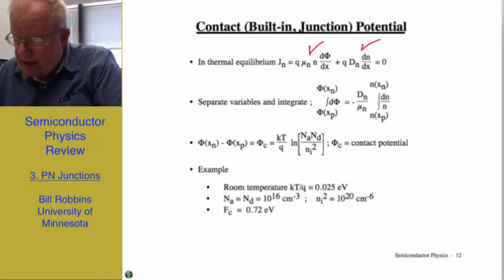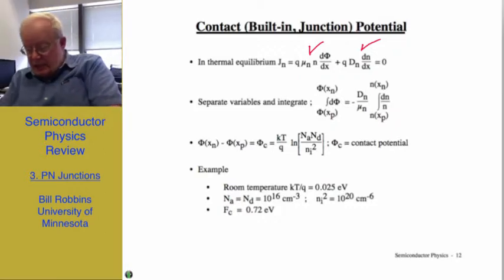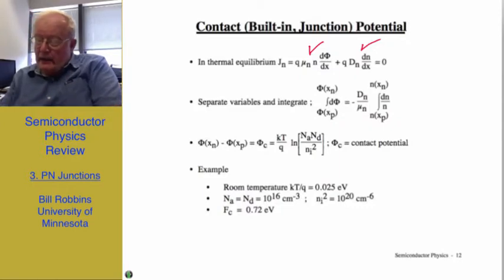On the right-hand side, I have 1 over the density of the free carriers as a function of position. If I integrate across the depletion region, I can then come up with an expression for the contact potential. Phi at x sub n minus phi at minus x sub p, the minus sign here is missing in the x sub p, defines the contact potential, and it's equal to kT over q times the log of Na Nd over ni squared.